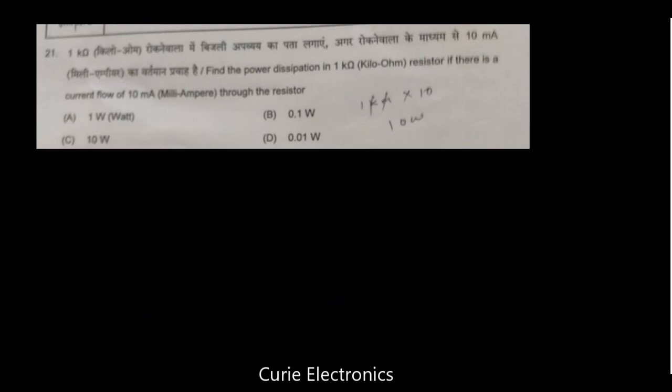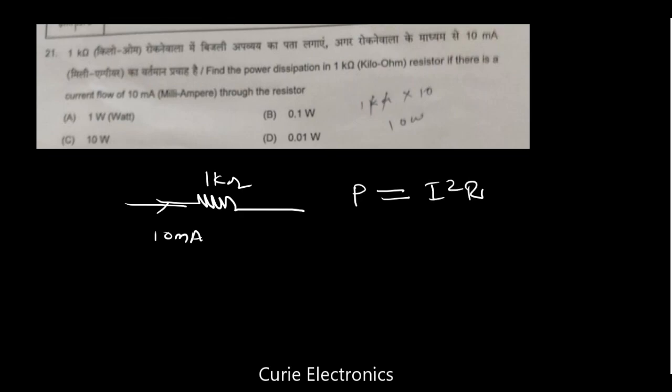Next question. Find the power dissipation in a 1 kilo ohm resistor if there is a current flow of 10 milliamps. That means we have a resistor, 10 milliamps of current is flowing through it. And what is the value? 1 kilo ohm is the resistor value. Now power, in this kind of situation you have to take P equal to I square R. What is I? 10 milliamps.